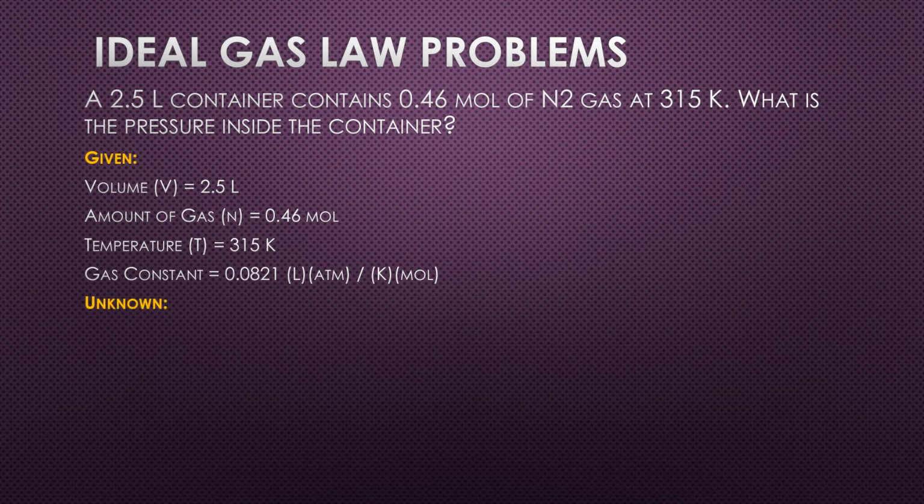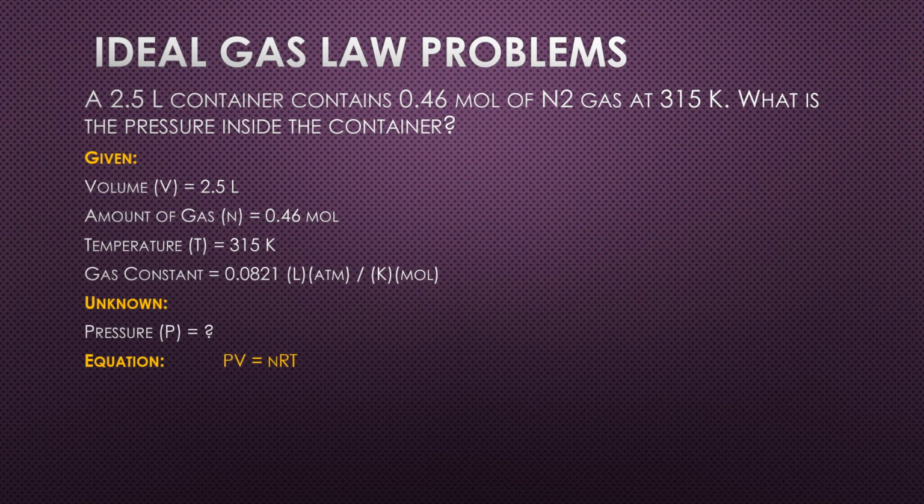Now, we need to know, what do we need to find? What's unknown? What's the question asking for? That is the pressure of this gas. Based on all of these variables that are given, we know that the equation we can use to calculate this missing variable of this gas is the ideal gas law, PV equals nRT.